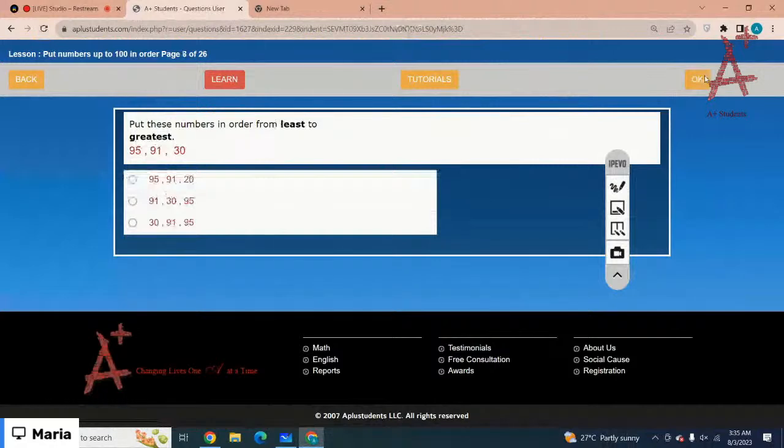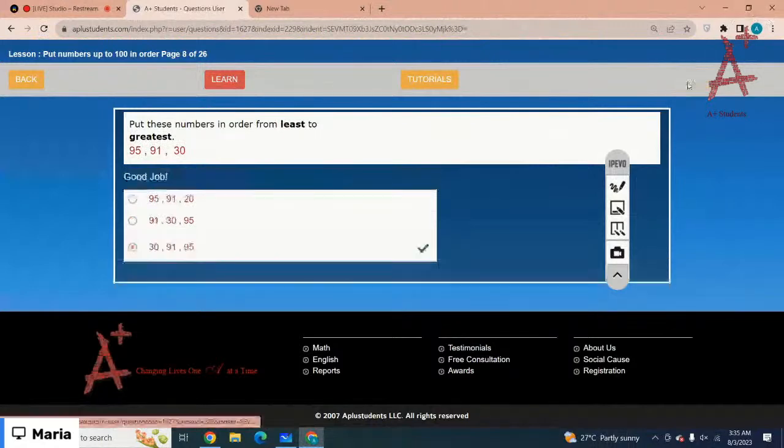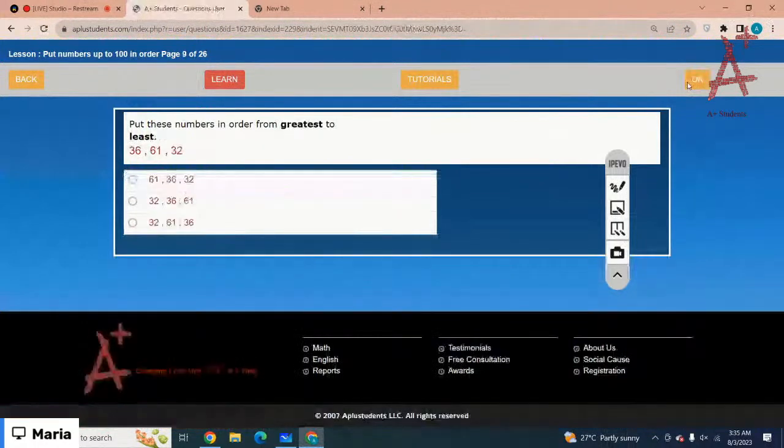Okay, the correct option is the last one, 30, 91, and 95. Okay, put these numbers in order from greatest to least. So, which is the correct option?